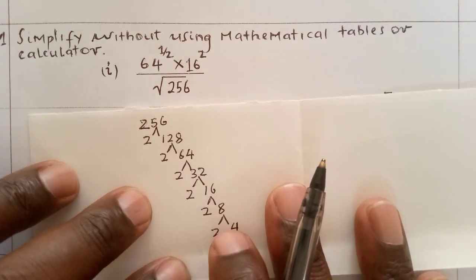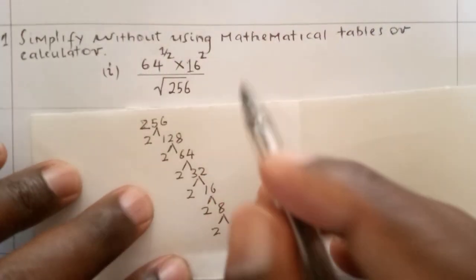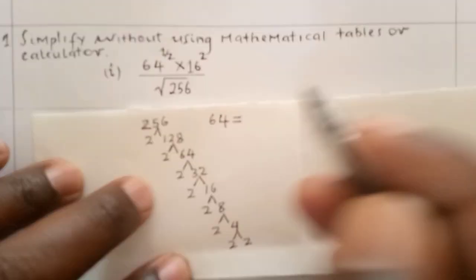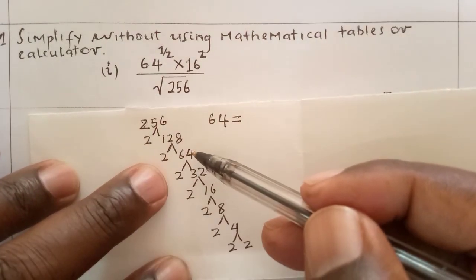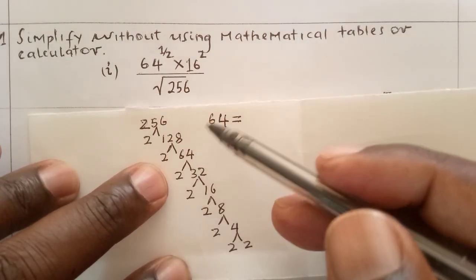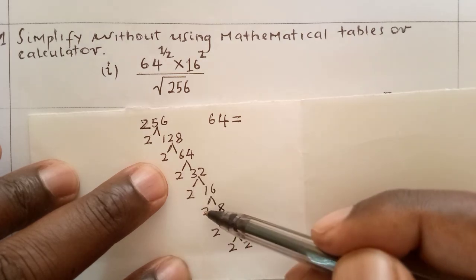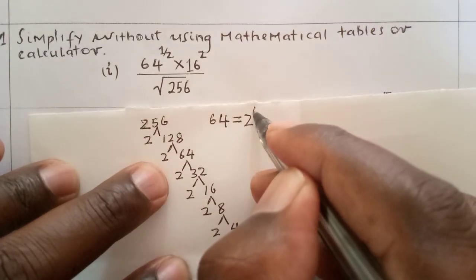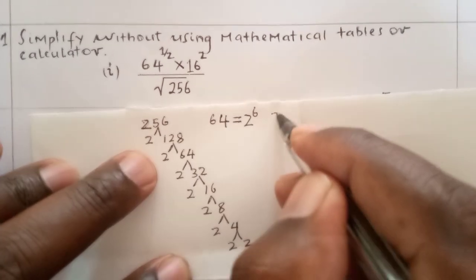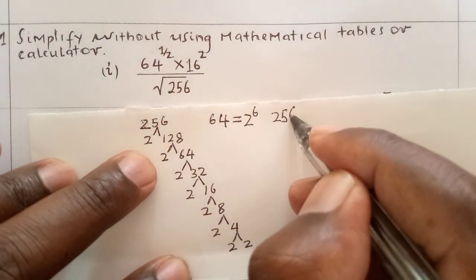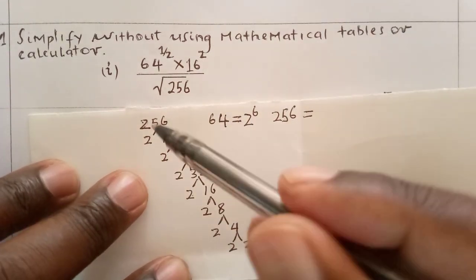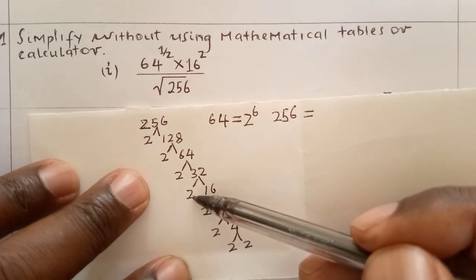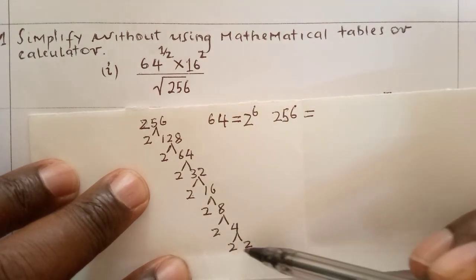So checking our question here, we have 64. We can say 64 is equal to, you can see our 64 is here. How many 2's does it have? 1, 2, 3, 4, 5, 6. So this is 2 raised to 6. Then we have 256. 256 is equal to, how many 2's do we have? 1, 2, 3, 4, 5, 6, 7, 8.